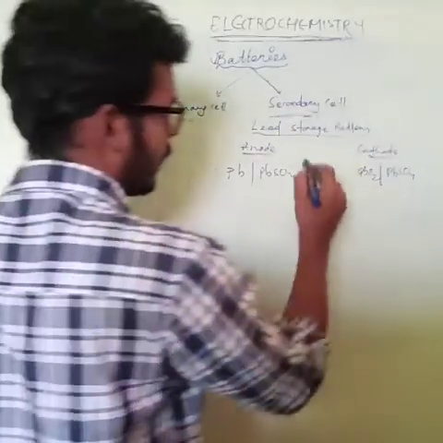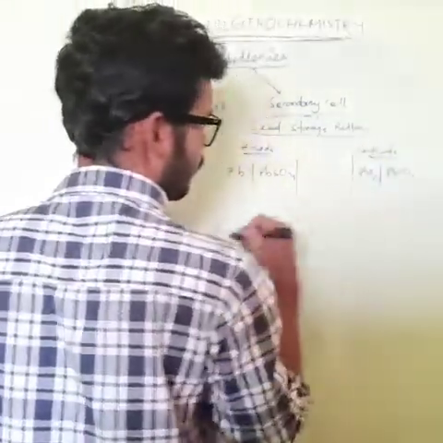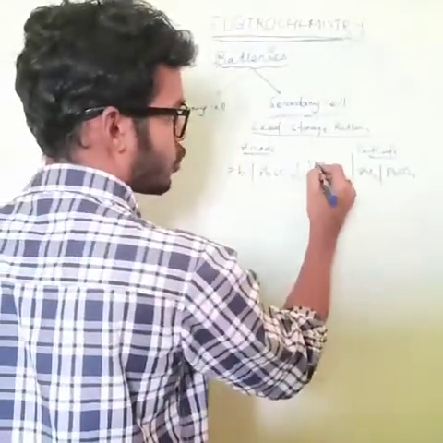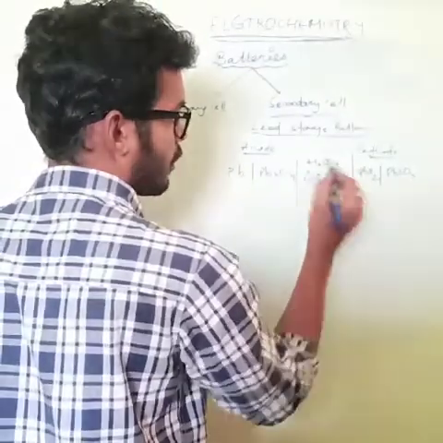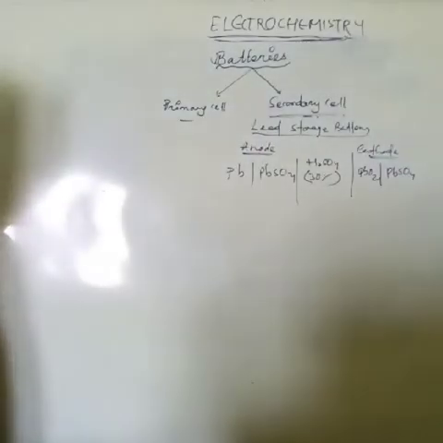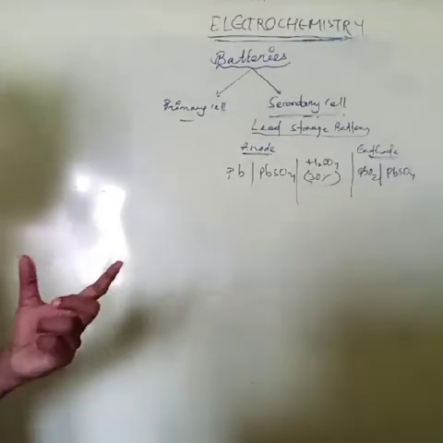The important thing in between these, we are giving H2SO4, that is 30%. 30% concentrated H2SO4 is given for the ionic mobility.